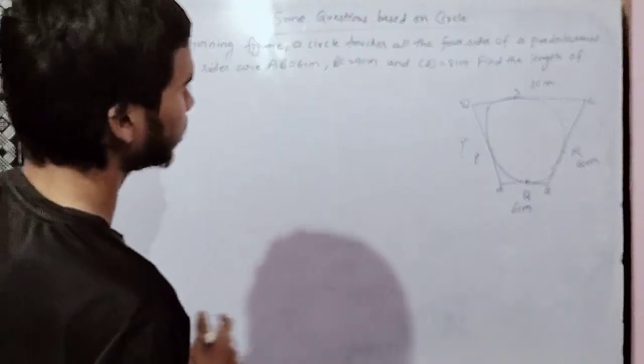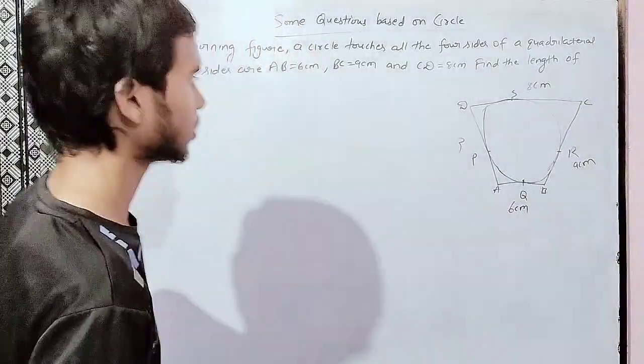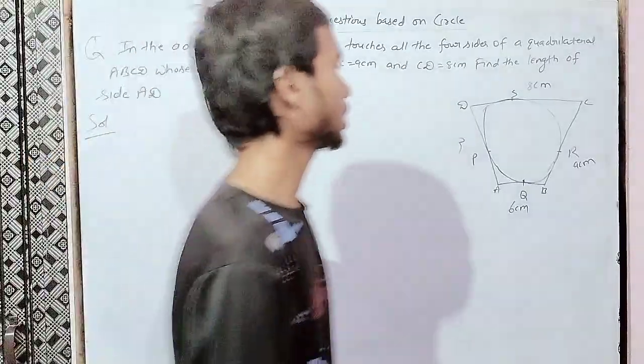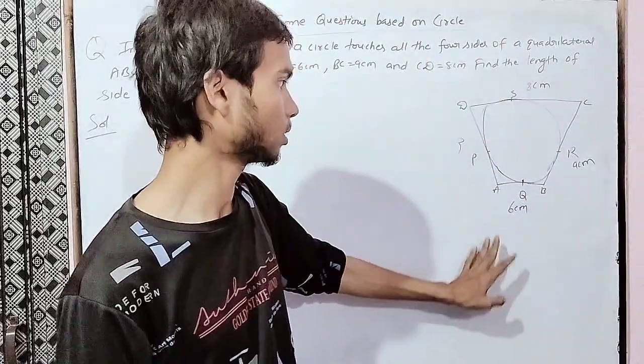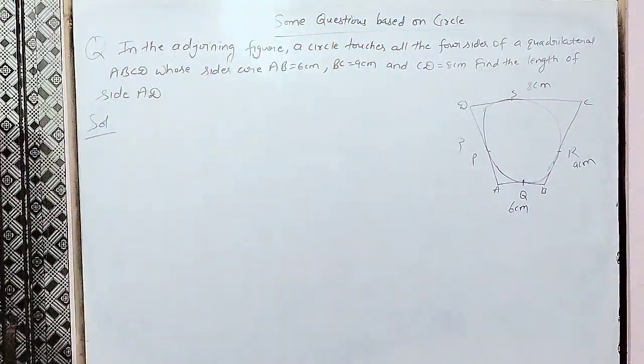Now how to find it? We know that this is equal to this and this is equal to this. We don't have angles here. Instead, we have the measures of the sides of a quadrilateral.